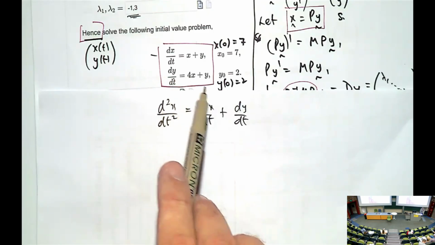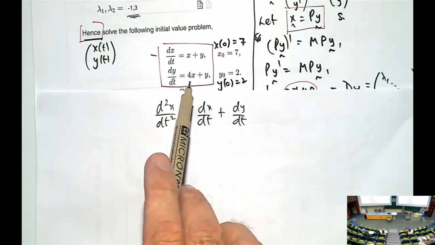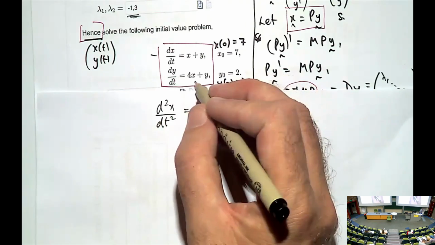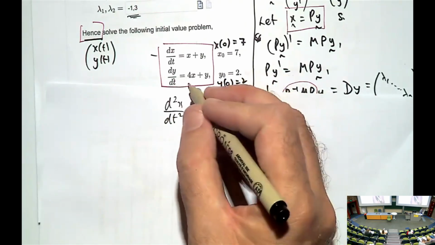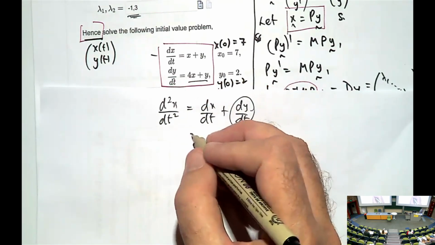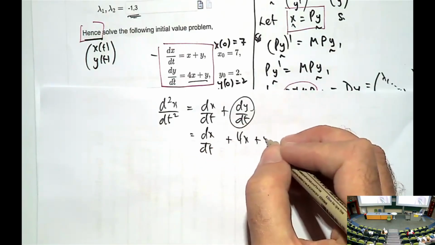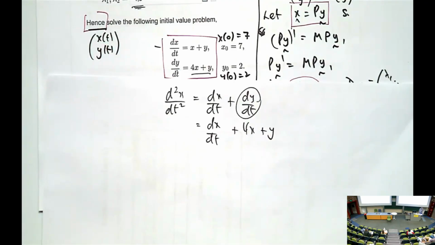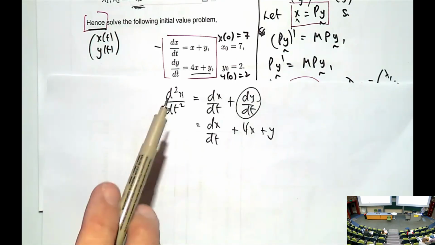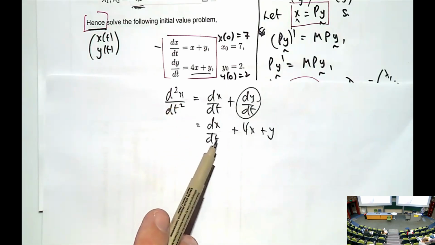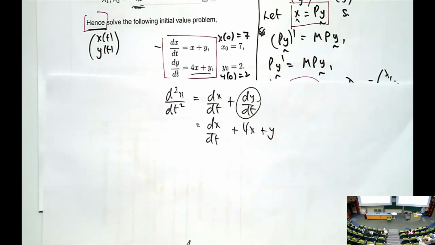I've got dy/dt there, so maybe I can replace dy/dt here with that. Okay, is it starting to look like something a bit more familiar? d²x/dt² equals dx/dt plus 4x plus something else.